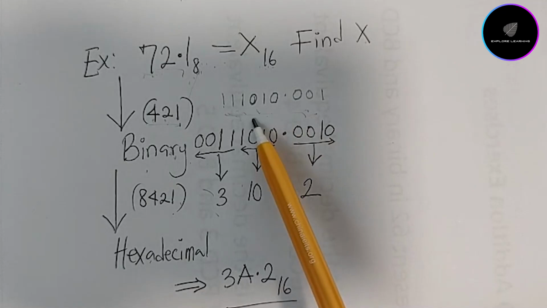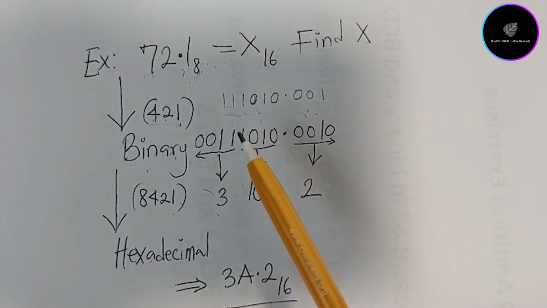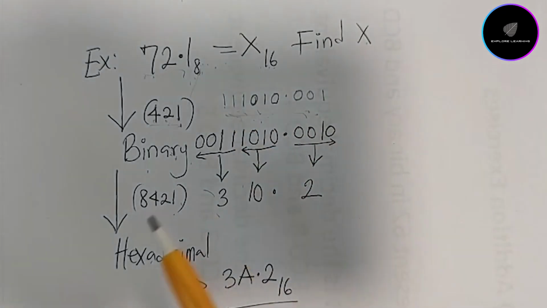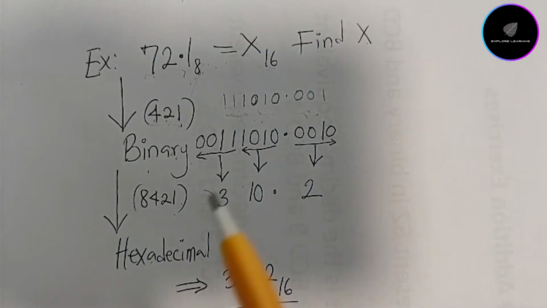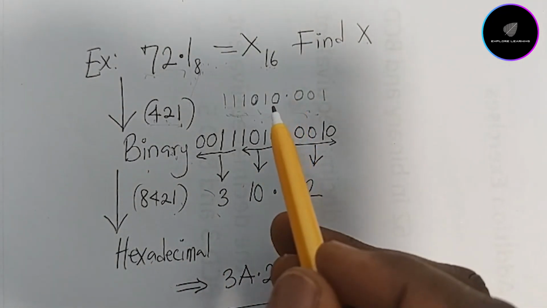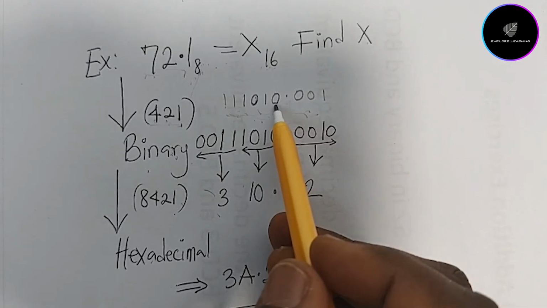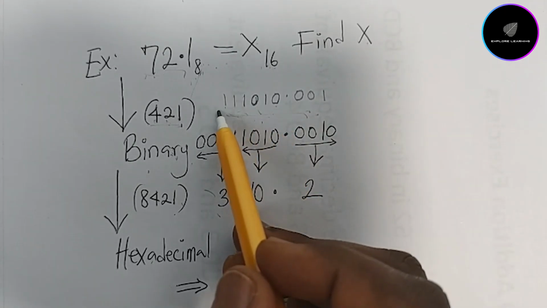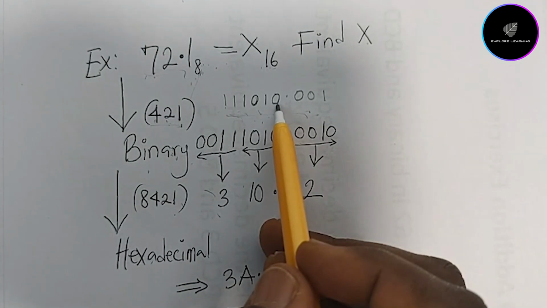Now let's do that. We already know the rules. The values before the decimal point we group from right to left, in 4s. So we have 1, 2, 3, 4. So this is going to be one group.